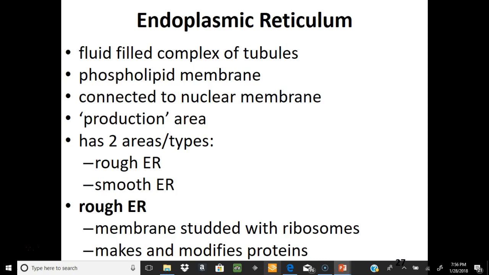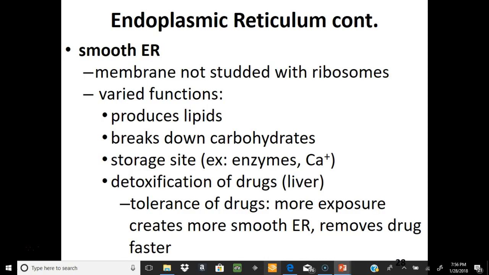There are two types of endoplasmic reticulum, rough and smooth. Rough is studded with ribosomes, smooth is not. So rough endoplasmic reticulum functions to produce proteins. The ribosomes itself produce the proteins, and then the endoplasmic reticulum modifies the proteins and transports them to the Golgi.